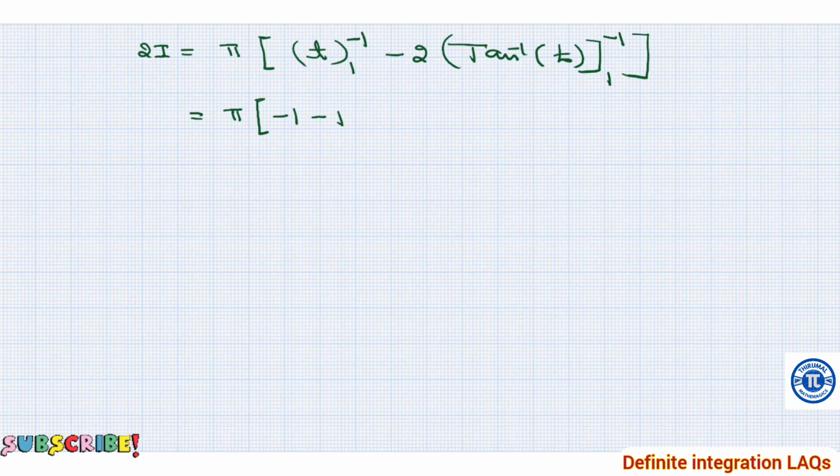Okay, now apply the limits. Pi into, first write the upper limit, minus 1, next minus 2 into tan inverse of minus 1 minus tan inverse of 1.